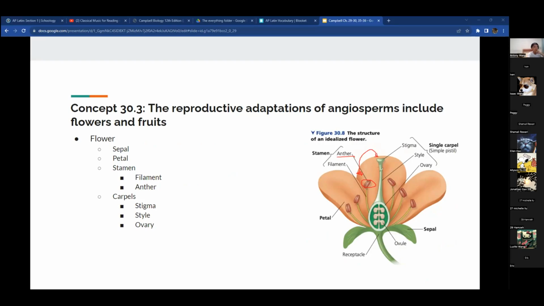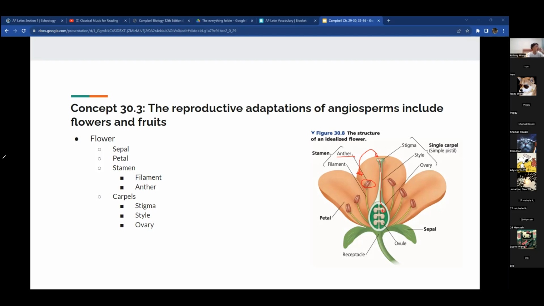Not necessarily this stigma, but because we don't have another flower, I'll just use this as an example. It will stick here, and then it'll germinate into a tube that reaches down the style into the ovary, right? So it grows inside the style. And once it reaches an ovule, it will discharge its sperm into it and fertilize the egg. Does that make sense?